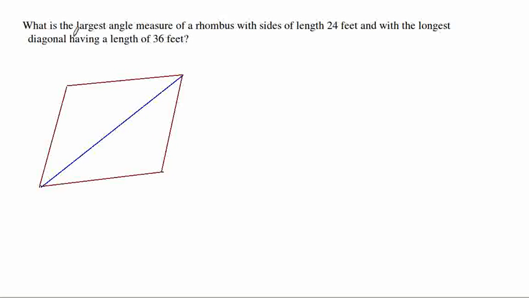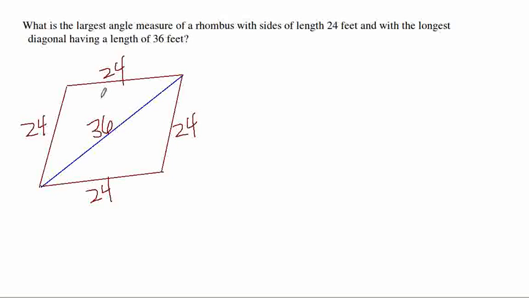All right, so the lengths of the sides of the rhombus are all 24 feet. And the longest diagonal has a length of 36 feet.